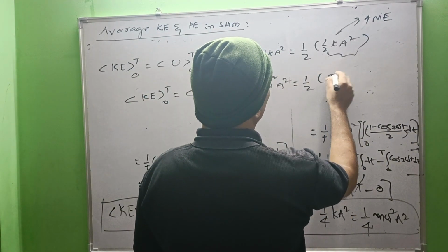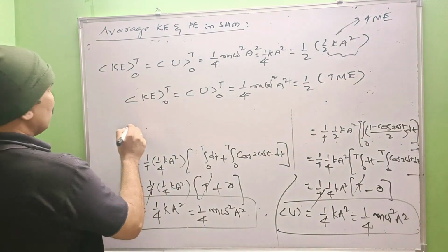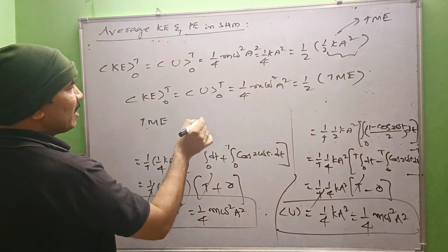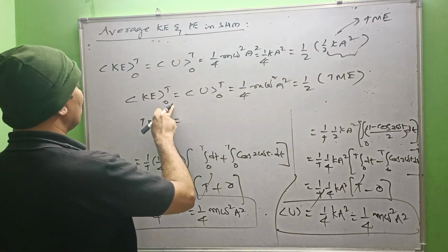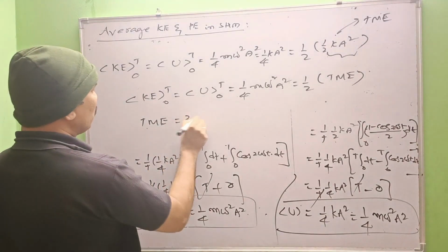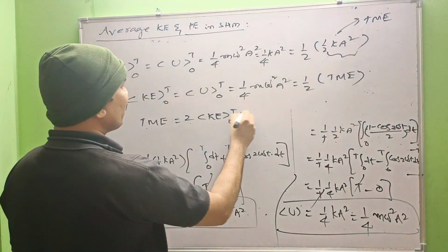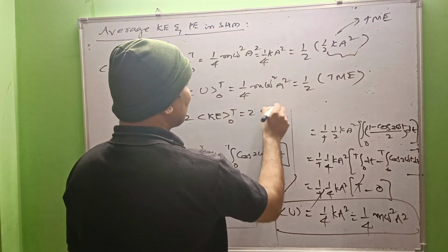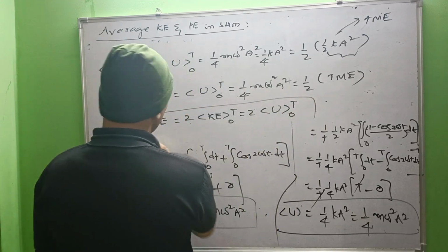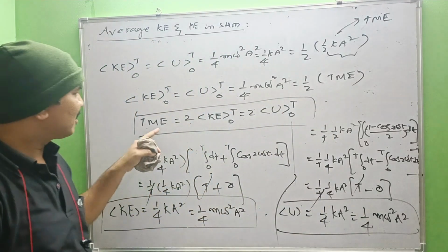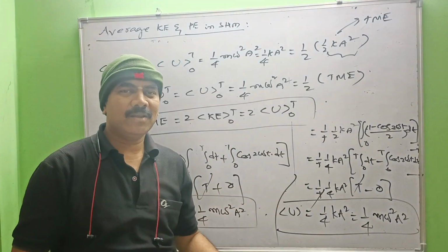So the total mechanical energy can be written as 2 times the average kinetic energy within 0 to T, otherwise 2 times the average potential energy within 0 to T. So this is the ultimate result: total mechanical energy equals 2 times average kinetic energy or 2 times average potential energy within one oscillation.